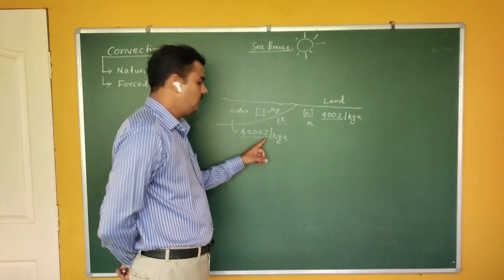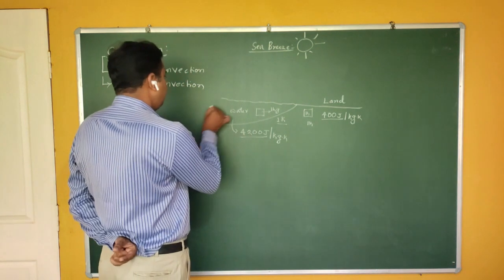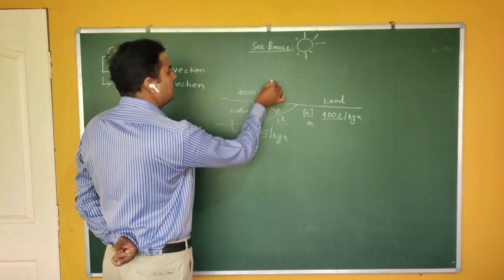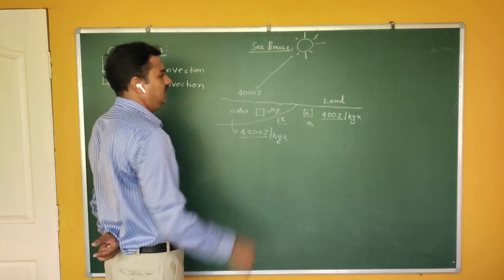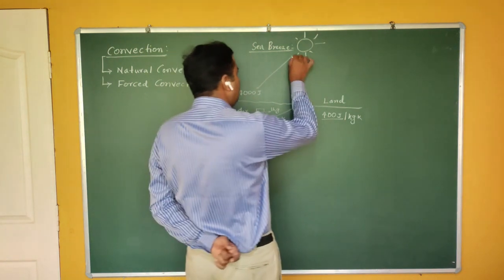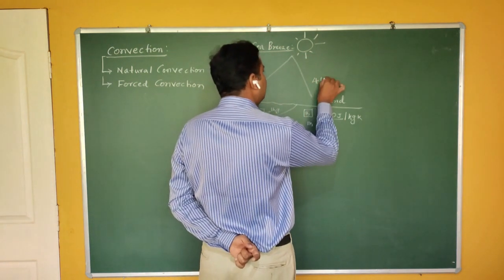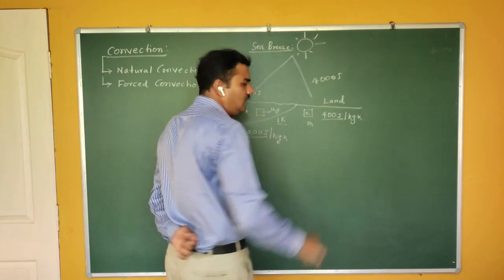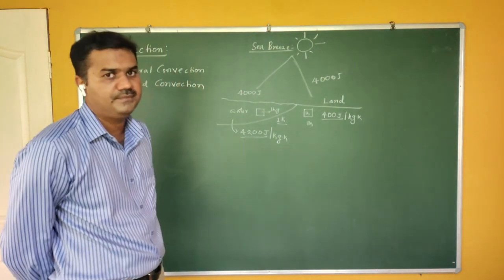Roughly, I can say that the heat energy supplied, and who is supplying heat energy? The sun. Let me take the sun supplying 4000 joules of energy to the water. At the same time, it is supplying 4000 joules of energy to the land. Both are getting the same amount of energy.